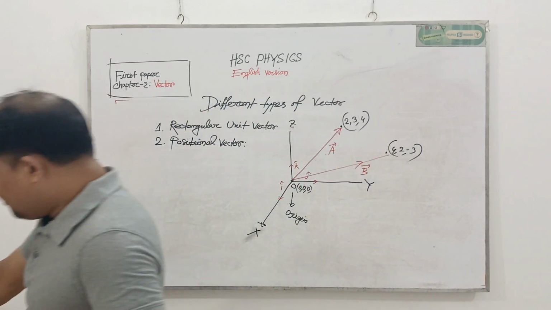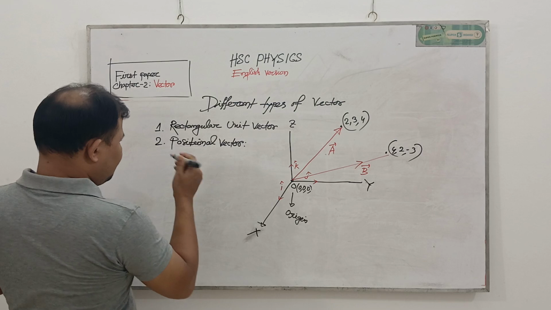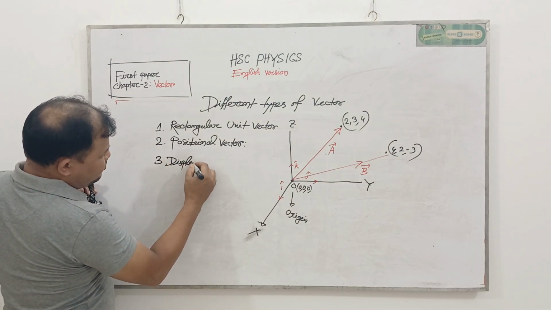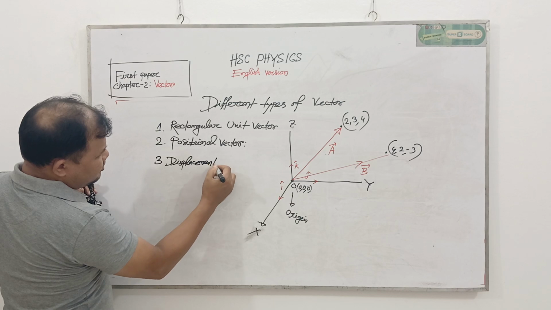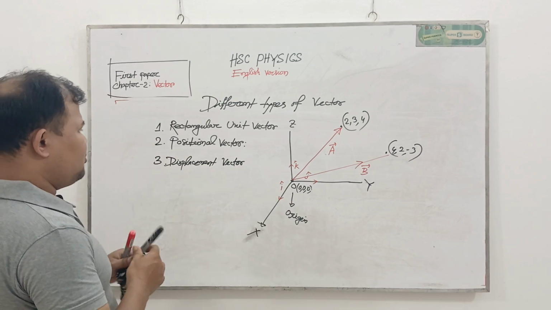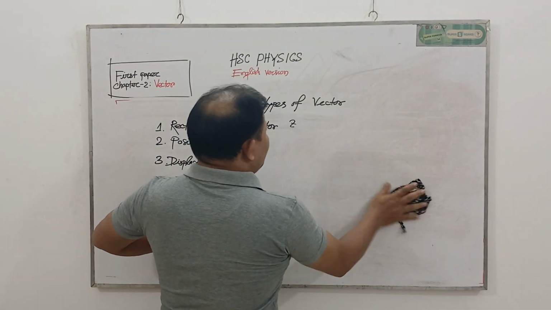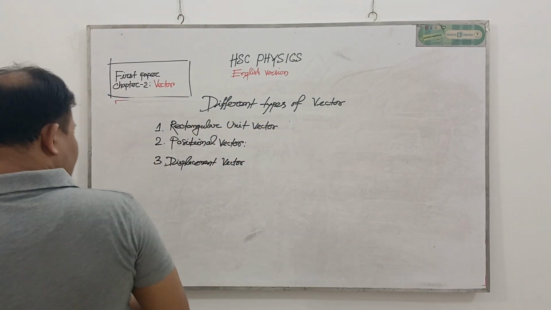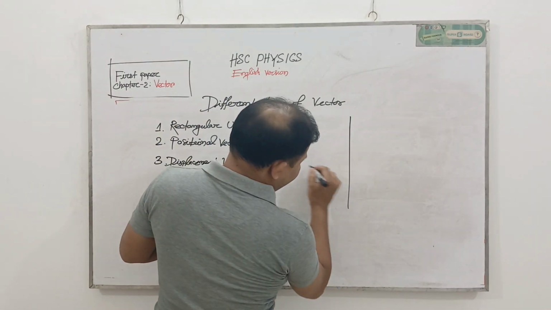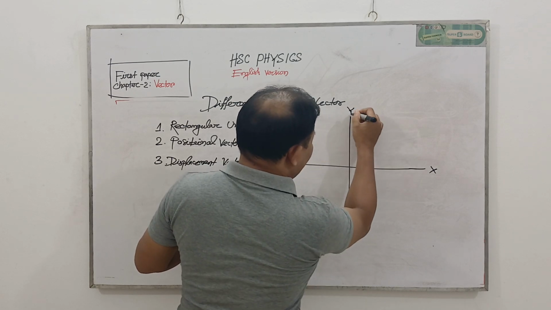Okay, now we move to another vector, number three, displacement vector. What is a displacement vector? Let us try to understand. Suppose we draw a two-dimensional reference frame, with this as the x-axis and this as the y-axis.